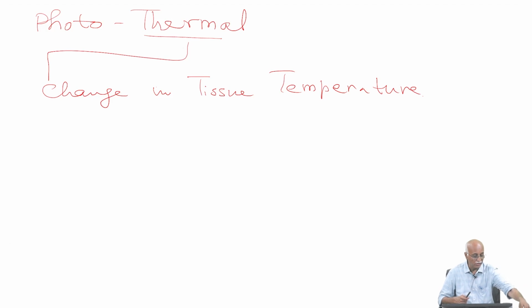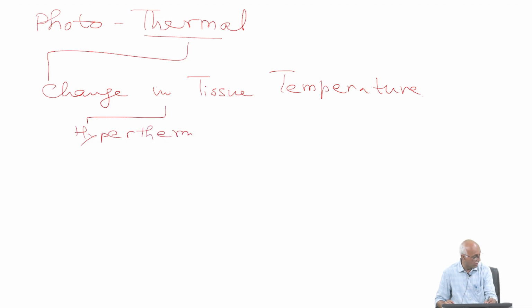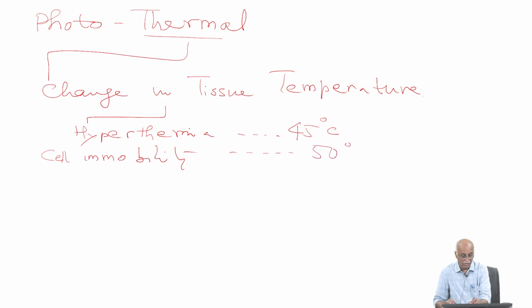And the process involved in such therapy is that whatever light source is there will be absorbed by different molecules, and then that light is responsible for either hyperthermia, that means the temperature increases to 45 degree centigrade, or cell immobility, where the temperature goes to 50 degree centigrade or so.